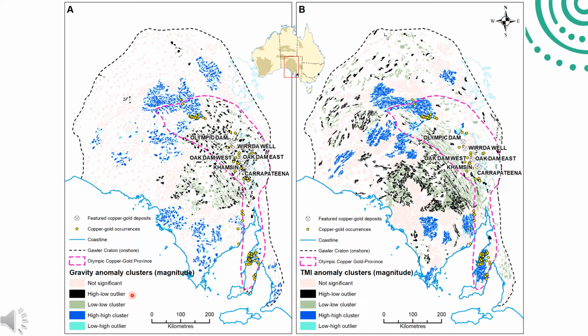These are the black anomalies among the green features on the map. The dark blue anomalies show areas where anomalism is more continuous, with no low magnitude features between them. These are tagged as high clusters. It's these two classes of clustering in the gravity data that relate spatially to the known IOCGs shown by the yellow dots and the labelled deposits.